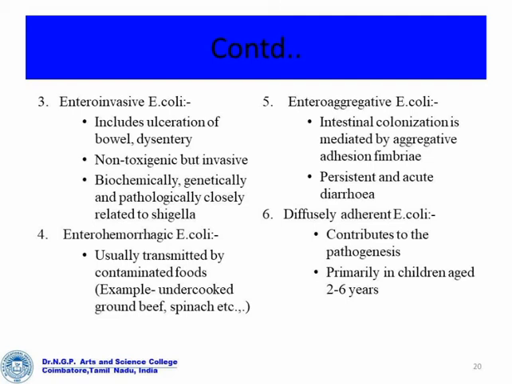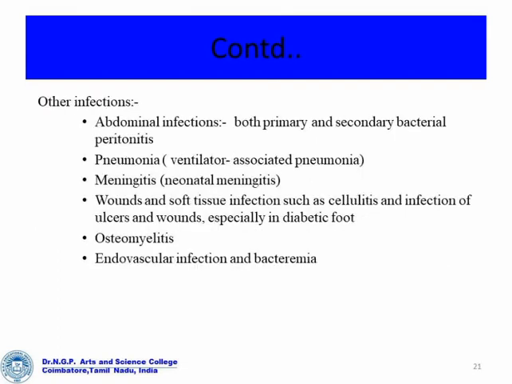And last, diffusely adherent E. coli, and it expresses diffuse adherence fimbriae which contribute to the pathogenesis, and it is capable of causing diarrheal disease primarily in children aged 2 to 6 years.